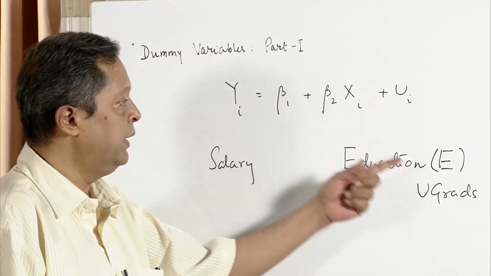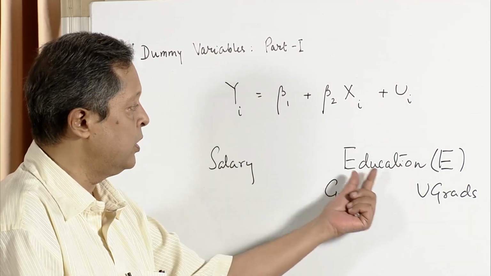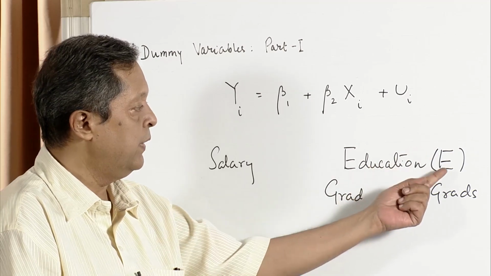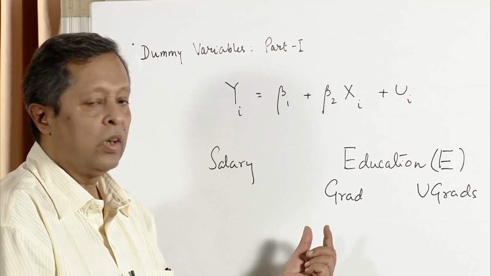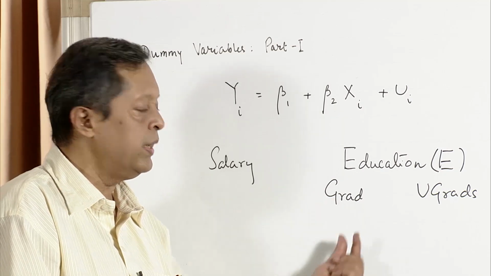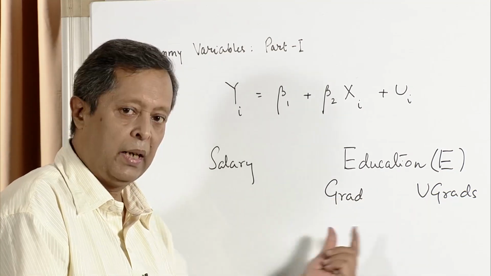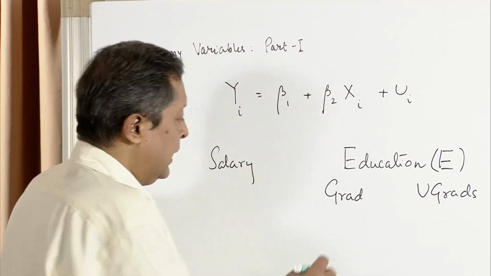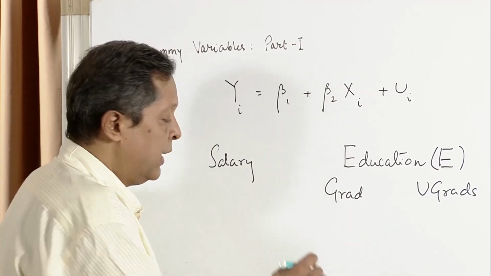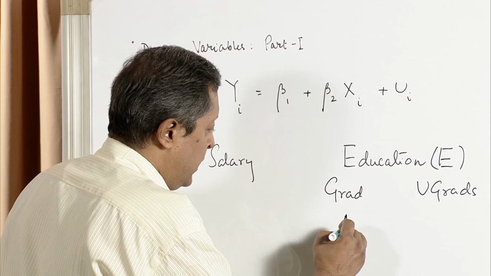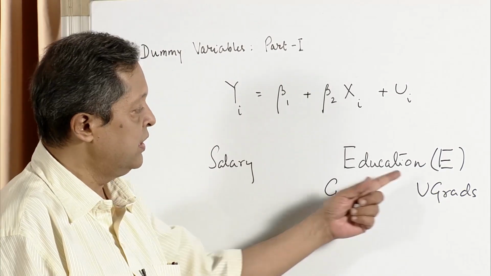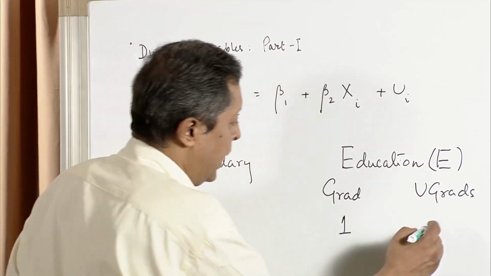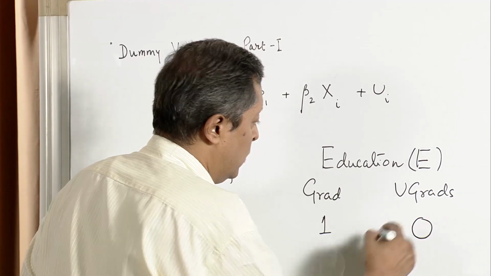We could have denoted it as x, but just because we are writing education, this variable E will replace x. Because we cannot really measure graduate, undergraduate on a number line, we say that if the person is a graduate, the dummy takes the value 1. If the person is an undergraduate, then the dummy takes the value 0.